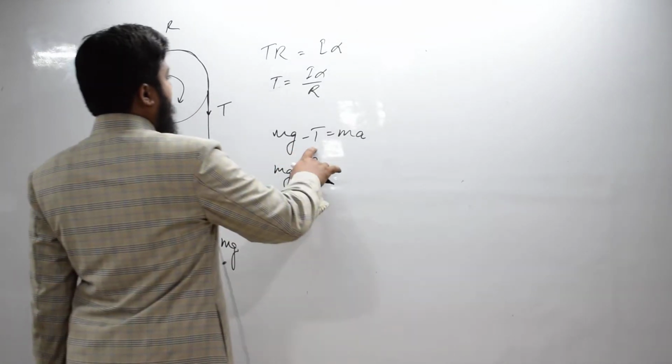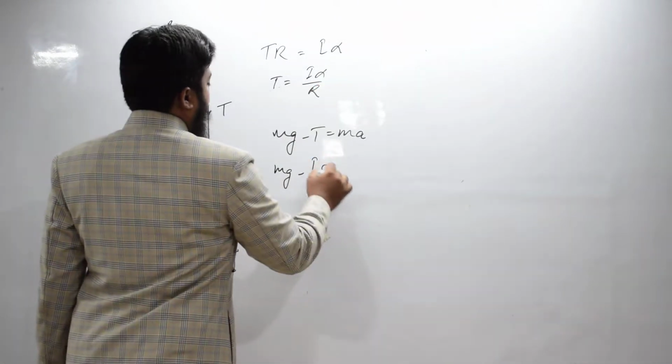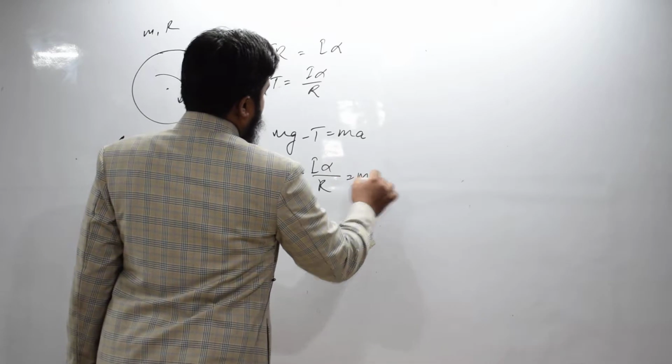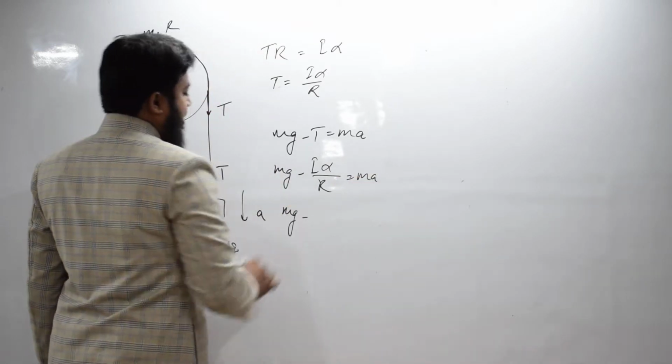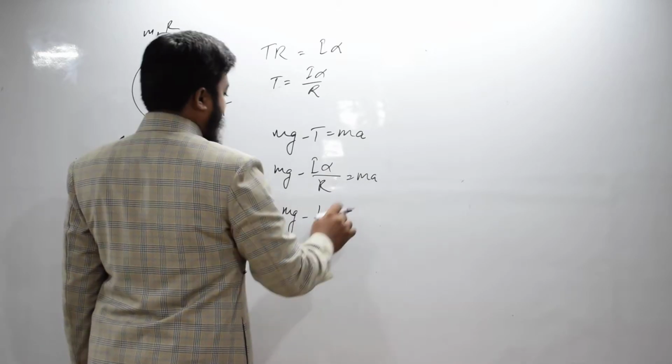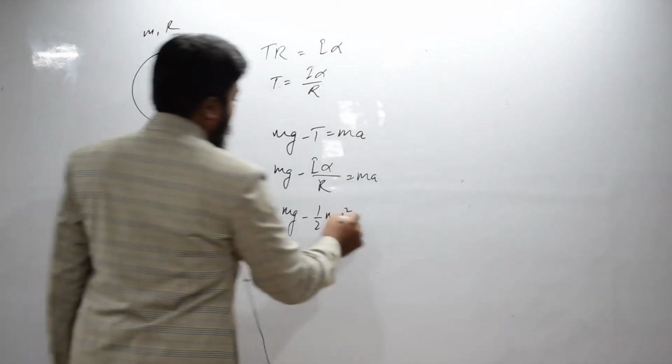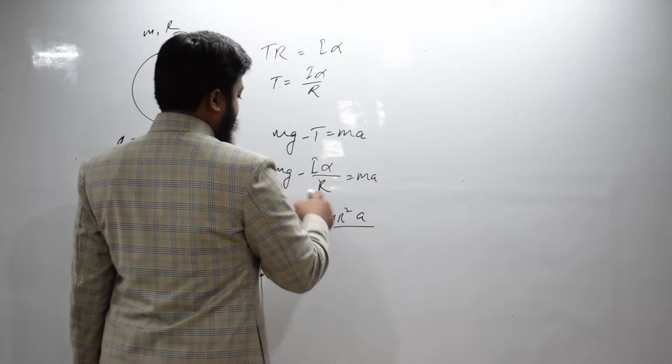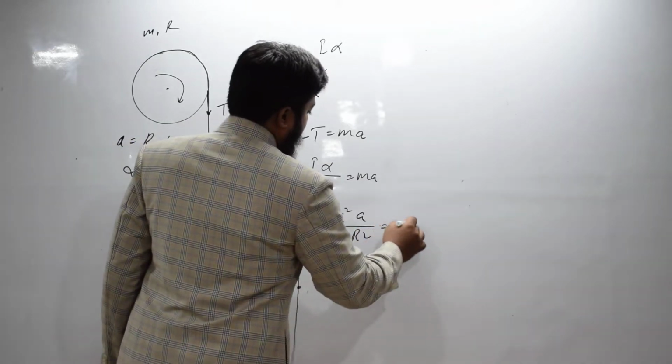Then T is equal to I alpha upon r, and mg minus I alpha over r is equal to ma, or mg minus half mr square, and alpha, which is a by r, and this r will be r square, is equal to ma.